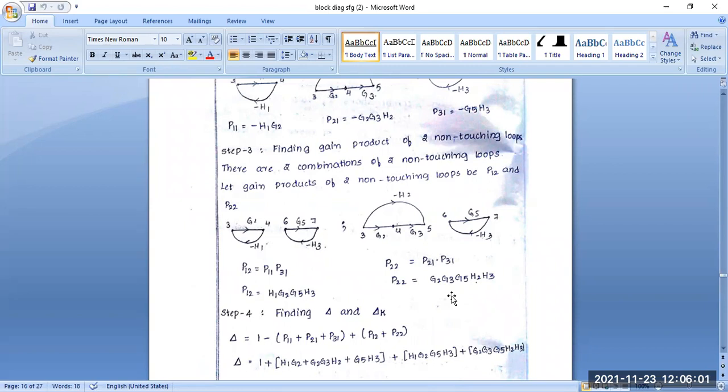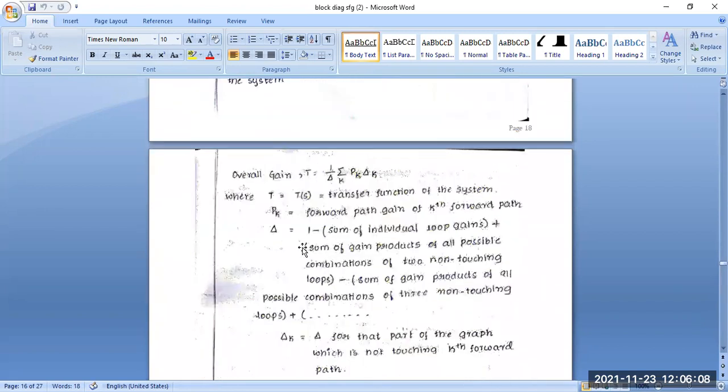Yes, sir. Okay, so this is basically the equation of delta, and this delta we have to know from the previous diagram. This is 1 minus sum of individual loop gains, and then plus the two non-touching, then minus three non-touching, then plus four non-touching and so on.